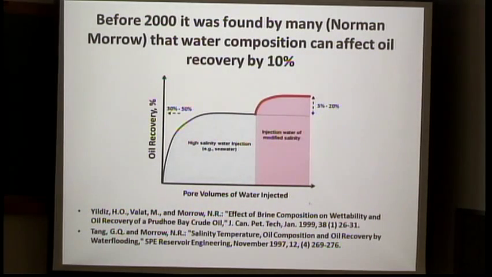Now, about 20 years ago, a number of researchers, including Norman Morrow, found that water composition can affect oil recovery by something like 10%. 10% of a big number is enormous. So what he noticed is that potentially when you inject water with salinity that's rather high, like seawater, the recovery curve is like this in time.